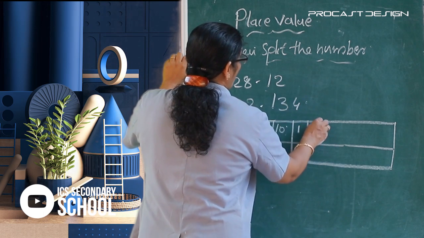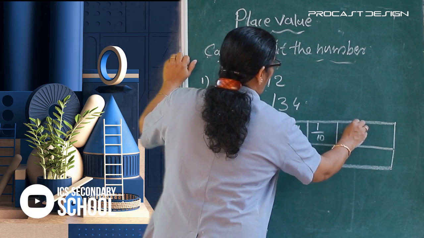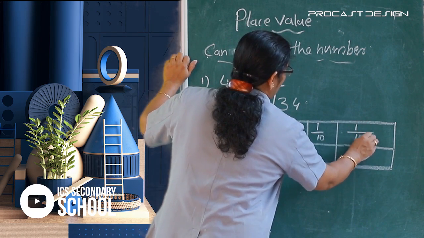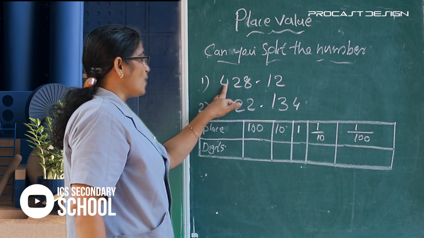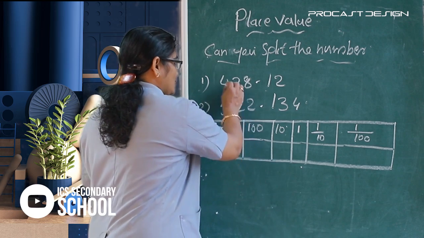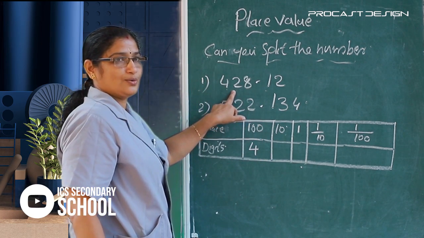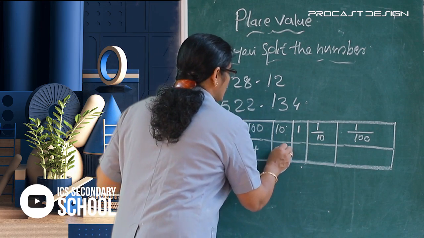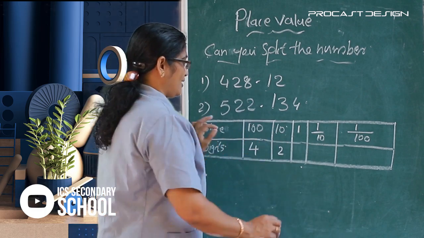Decimal form: 1 by 10, 1 by 100. Write down 4, the place value of 4 is 100, and 2, place value 10, the 10 place is 2, and 8, place value 1.